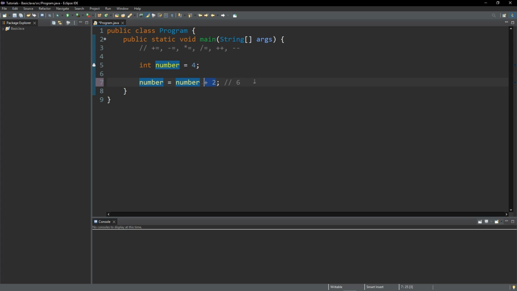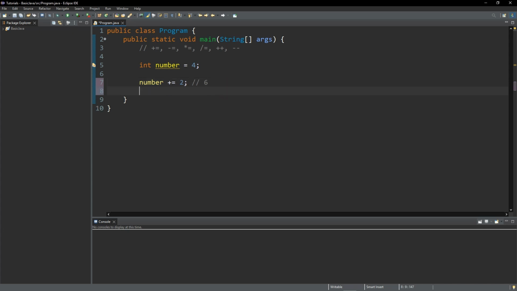Okay, cool. But there's ways to make this easier for ourselves, and that's why we have these operators. If we say number plus equals 2, this will also give us 6, because it's taking number and adding 2 to itself. It does the same exact thing that this does, but it's much shorter.